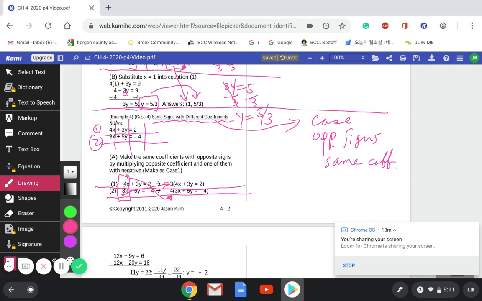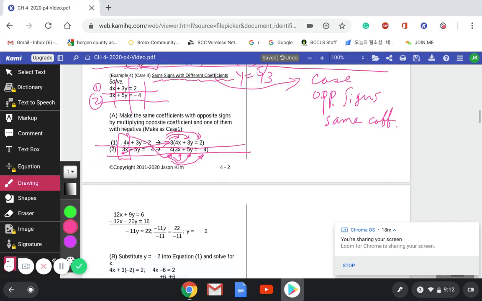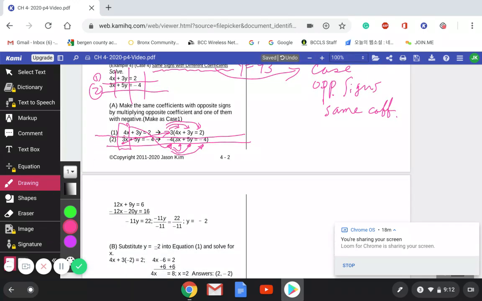So you change equation 1 and equation 2 into this format, and after that, you distribute them to get the new case 1 equations. So 3 times 4x becomes 12x, 3 times 3y becomes 9y, 3 times 2 is 6.